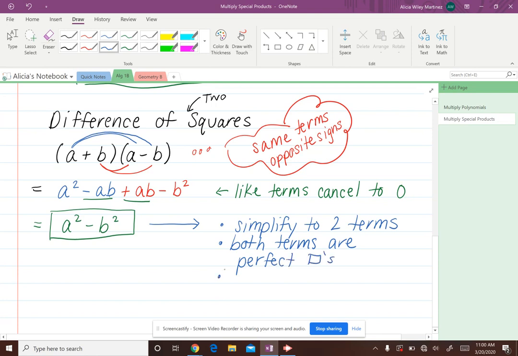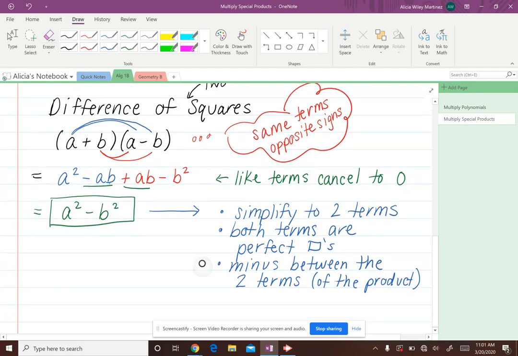And there will be a minus between the two terms of the product. So that's how you can recognize that you had a difference of two squares in factored form, by the way the product looks at the end.